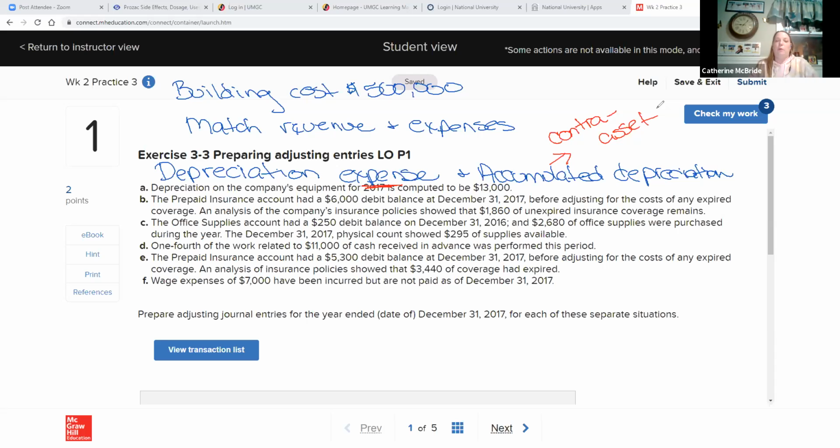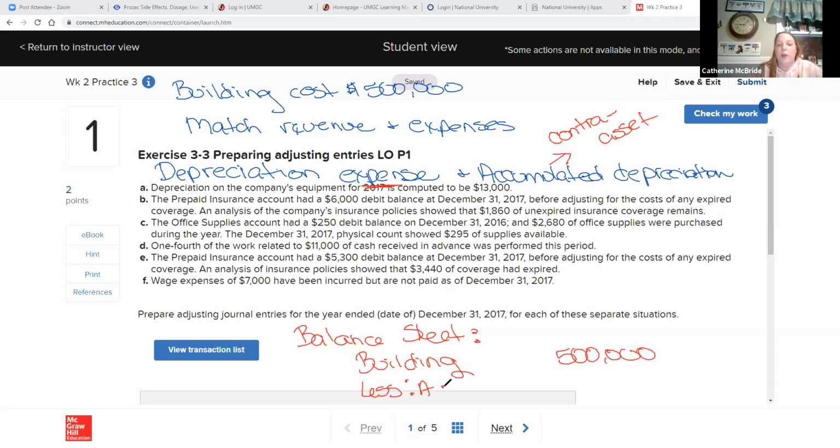And so what we're going to see when we record this entry is on the balance sheet, we're going to see building at $500,000 because that's the cost. And then we're going to have less whatever accumulated depreciation we've recorded.